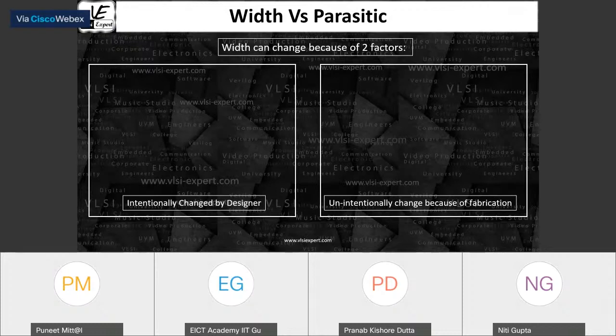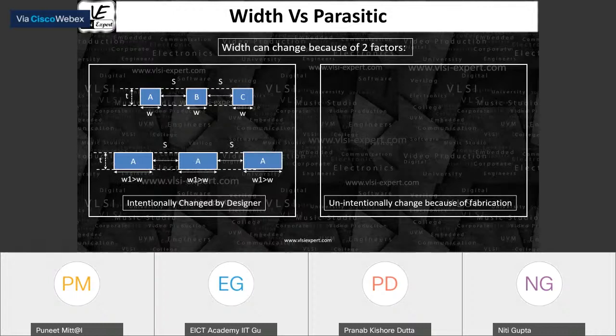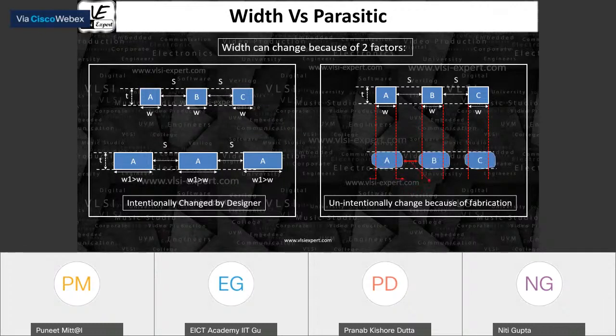Now let's try to understand how these changes are going to affect your parasitics. These are the three wires, and these are the intentional changes. You just change the width of the wire, keeping the space constant. Unintentional is when you have created these three wires, and after fabrication they become like this.